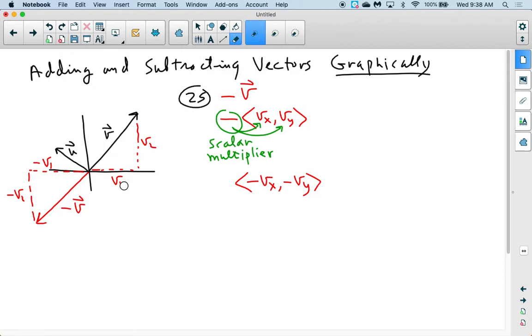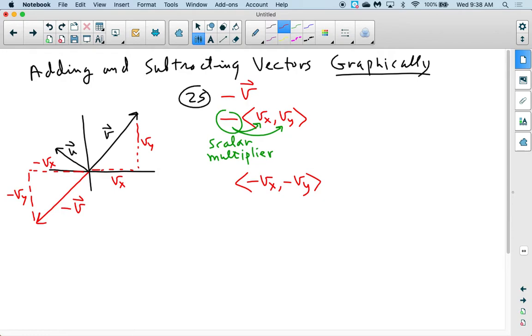Sometimes I forget, we use X's and Y's here. My bad. So Vx, Vy, negative Vx, negative Vy. You don't have to do all that work. I just wanted you to explain how we get the picture for negative V.